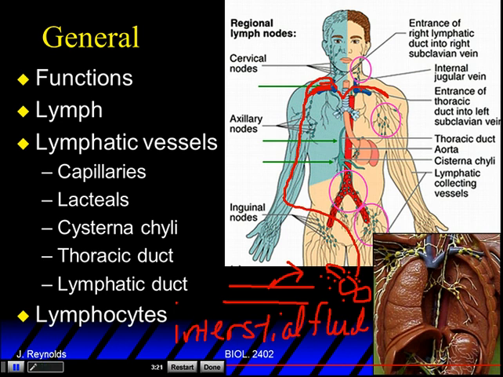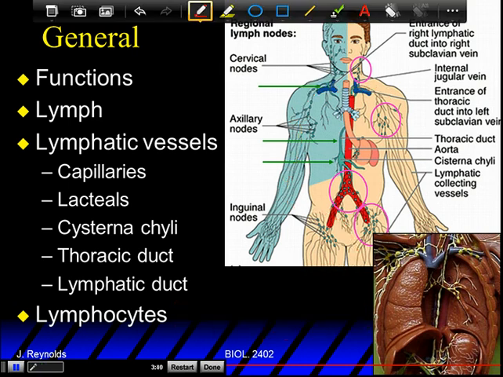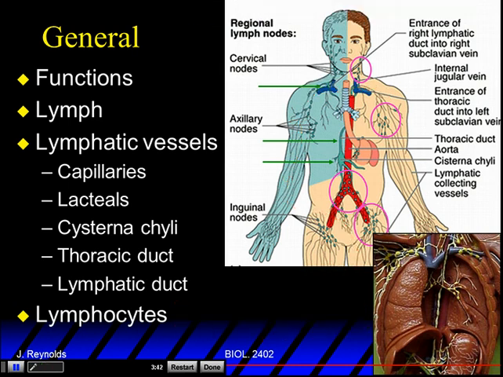And boom, the interstitial fluid now is back into the general supply. So the fluid was plasma that leaked out. It's then called interstitial fluid when it's out and about in the tissues. It gets picked up by the lymphatic system and returned back into the blood. What goes around comes around. I like that.